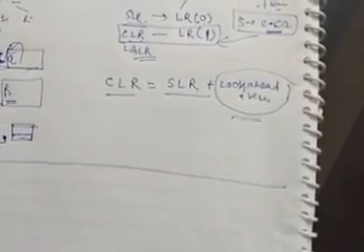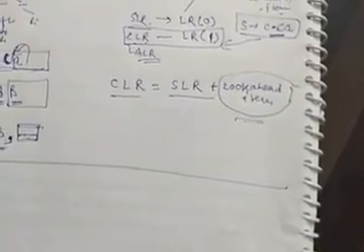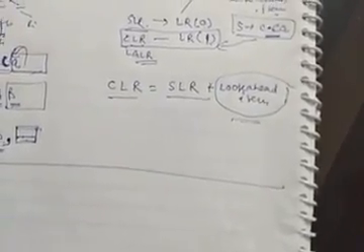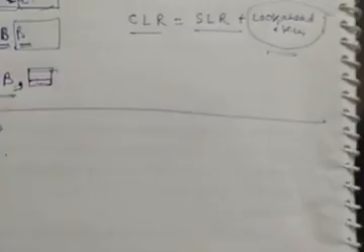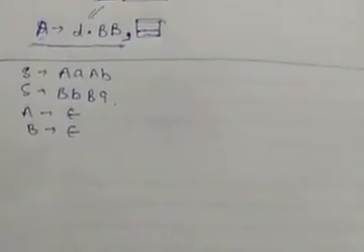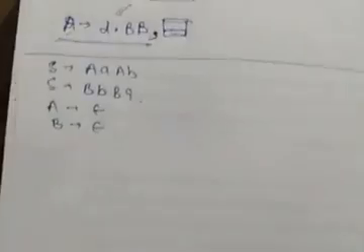So the parsing of a string is the same in all types of parser, but the creation of the parsing table is a little bit different in each type. We have discussed SLR parsing, and we found that there are multiple entries in the parsing table. So we will move to CLR parsing.